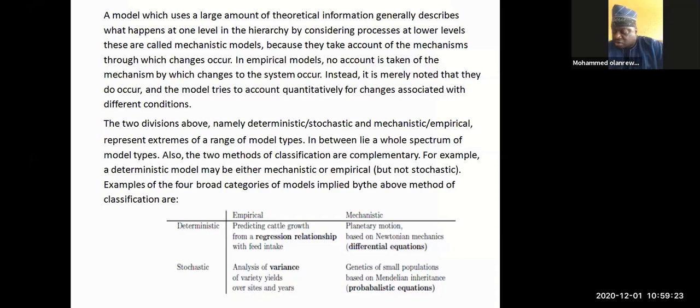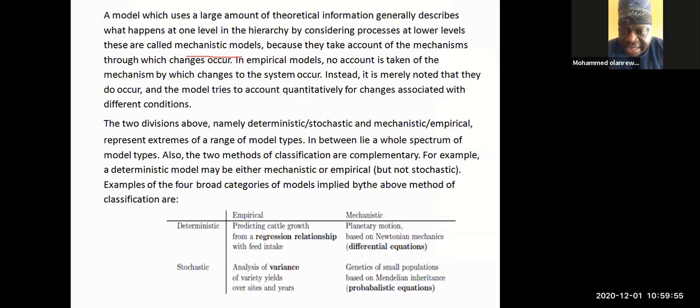Let us have a look. Deterministic. The empirical one: predicting cattle growth from a regression relationship with fuel intake.